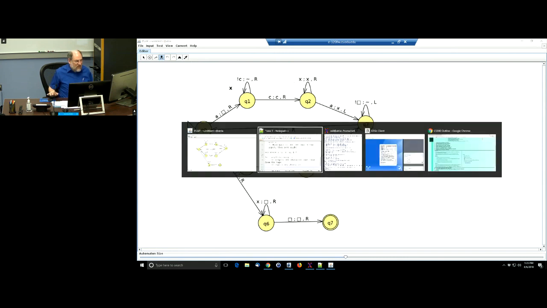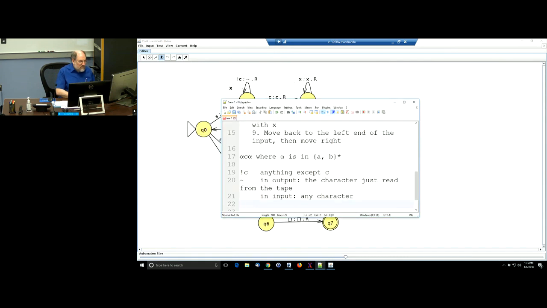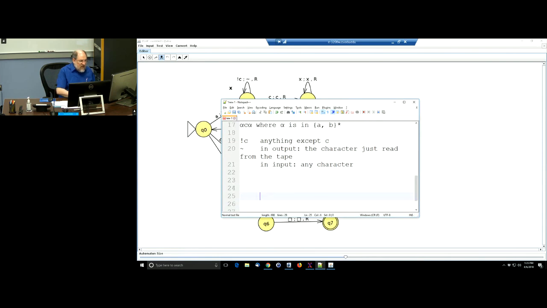And the notation, well, let me do it first in the text file. So the notation for that looks something like A, comma, B, or whatever your character is, and you can list more than two.